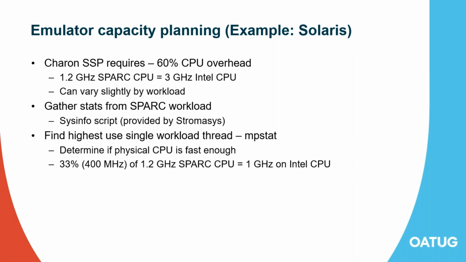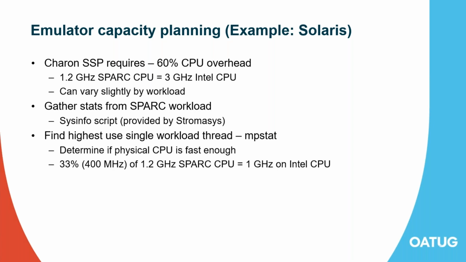So for example, if you're running on a 1.2 gigahertz SPARC CPU on your legacy platform, that would require a 3 gigahertz Intel processor in your target architecture in your cloud service to render the same CPU performance as you were getting in your legacy architecture implementation.